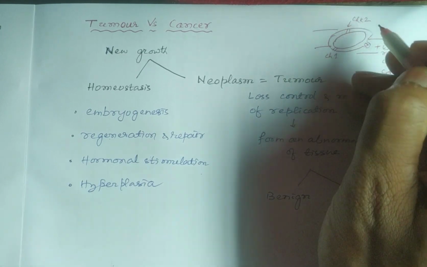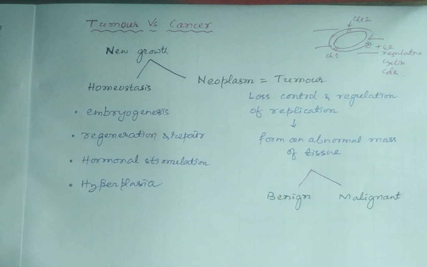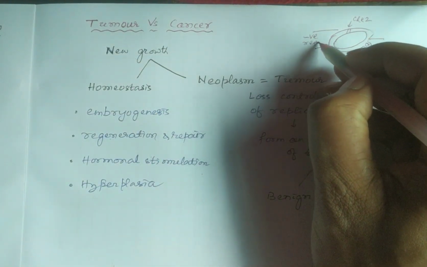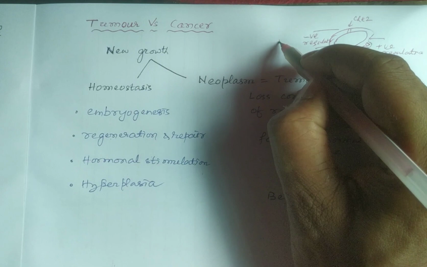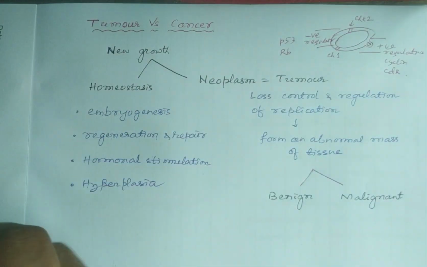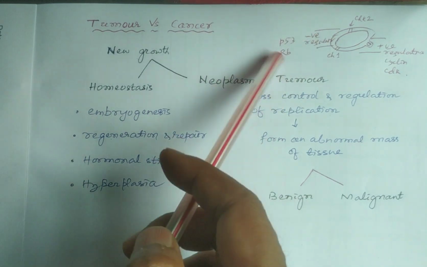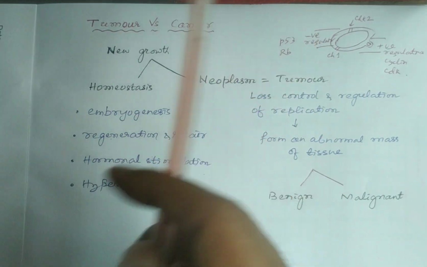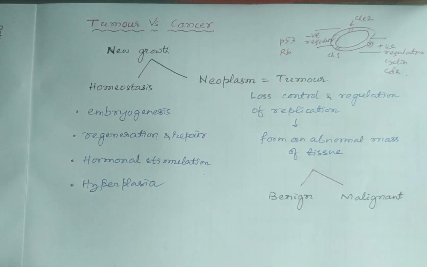For this you can refer to our earlier classes. There are negative regulators like the p53 gene and the retinoblastoma gene. How they negatively regulate the cell cycle, you can refer to our earlier classes on these subjects.